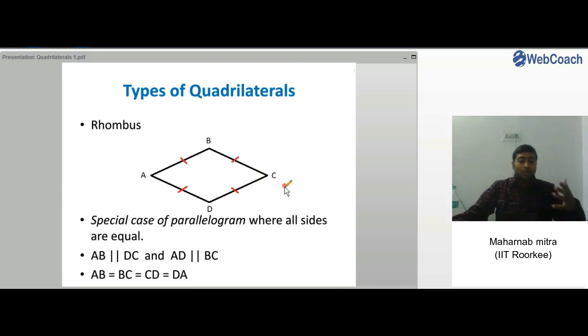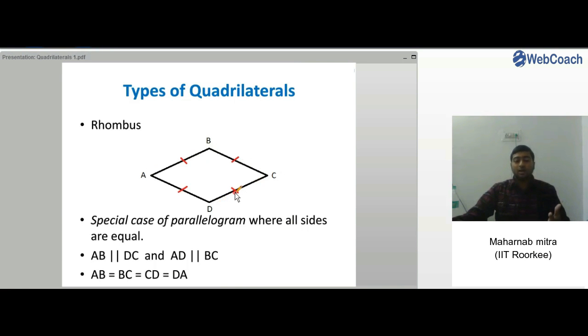So as rhombus is a special case of a parallelogram, that means rhombus also must have all the characteristics of a parallelogram, like the opposite sides are parallel to each other, right? Here you can see AD is parallel to BC and BA is parallel to CD, right?